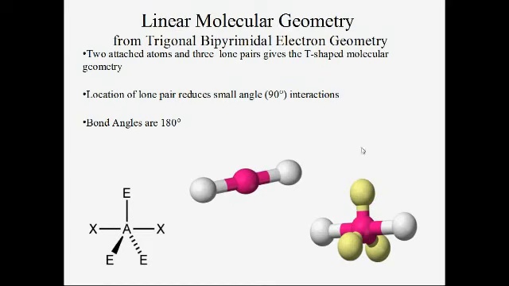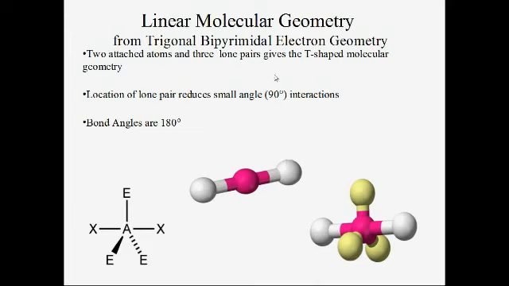If we have those 5 areas of electron density, 3 of them being lone pairs and 2 of them being atoms, again, the lone pairs are taking up the equatorial positions and we're left with the axial positions being occupied by the atoms. So we're going to end up with a linear molecular geometry on this one with only 1 bond angle of 180 degrees between the 2 axial positions.